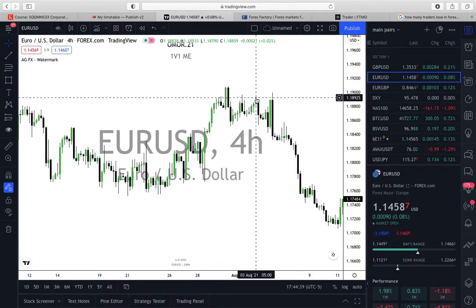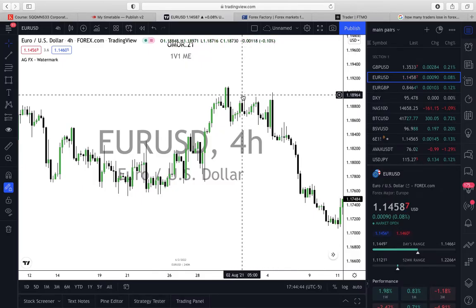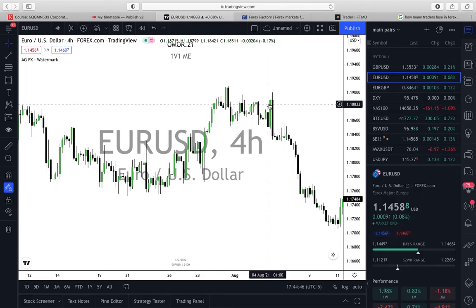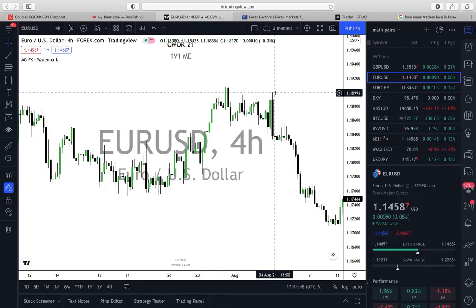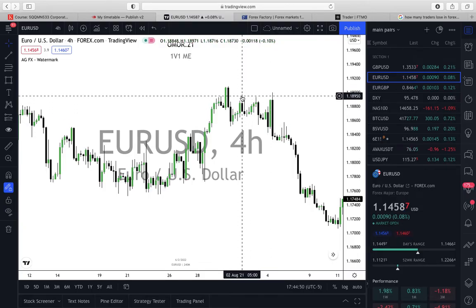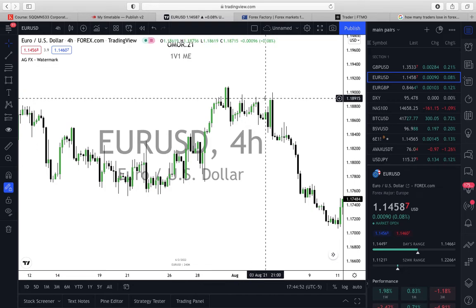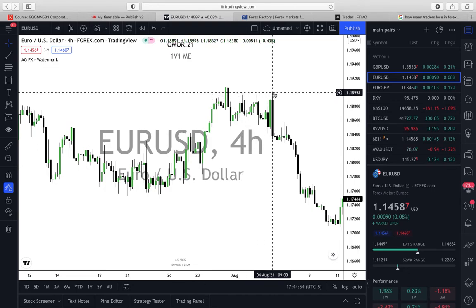There's this high and there's this high. They're kind of the same. Price comes, this wick takes out these highs. Even if it's a pip or 5 pips, yeah, it's still taking out that high.